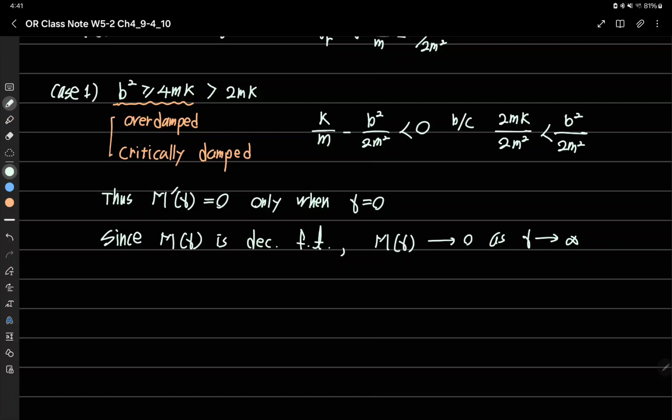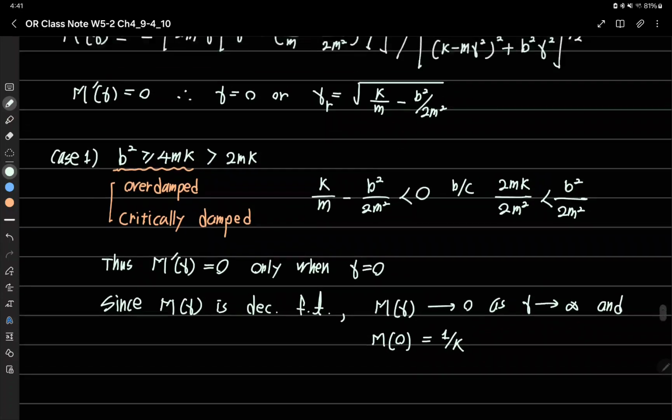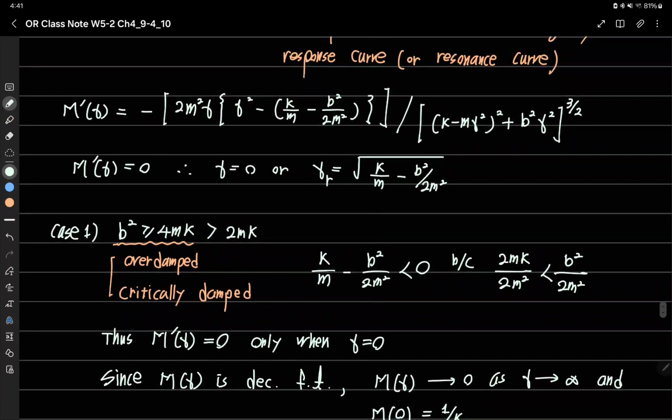So now, m of 0 is equal to 1 over k. Actually, when you plug in 0 for gamma, then we just get 1 over k, right? Putting 0 in here, only k will survive.